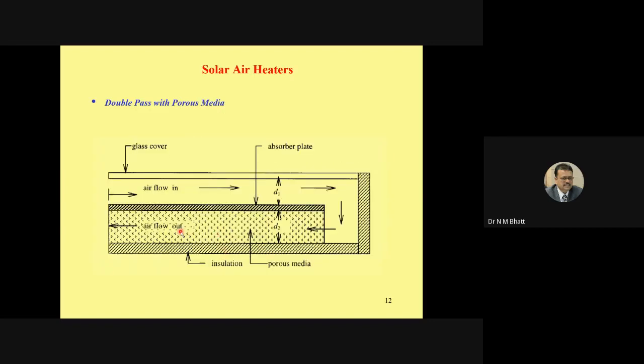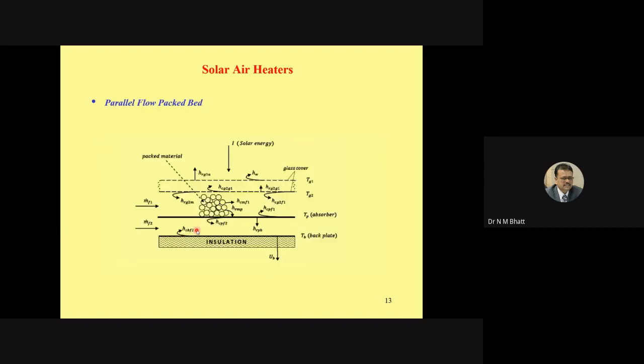Then we can go for a porous media to increase the heat transfer. We can also go for a packed bed, a wire mesh or some sponge, metal sponge kind of things.